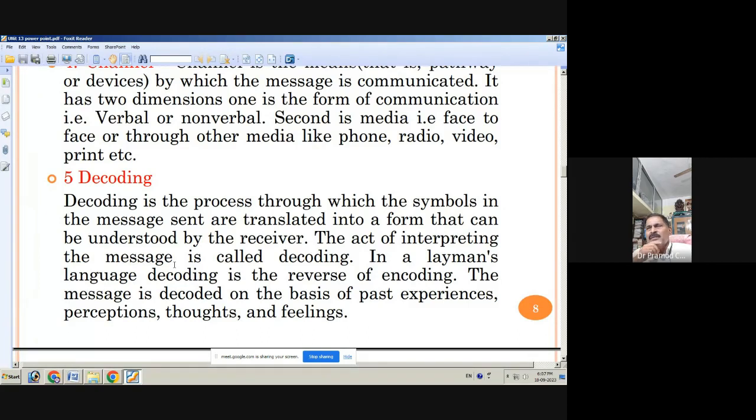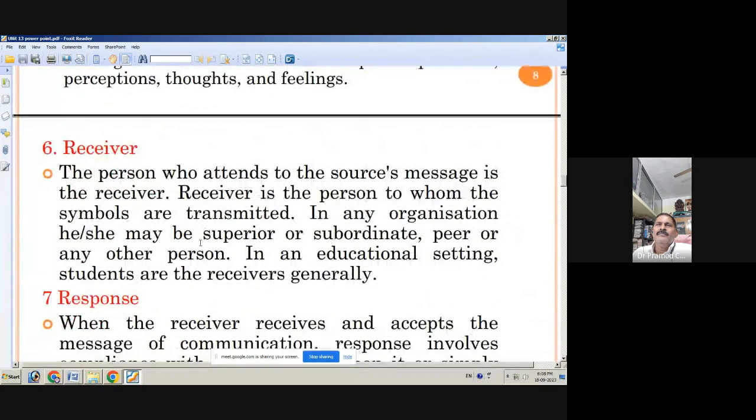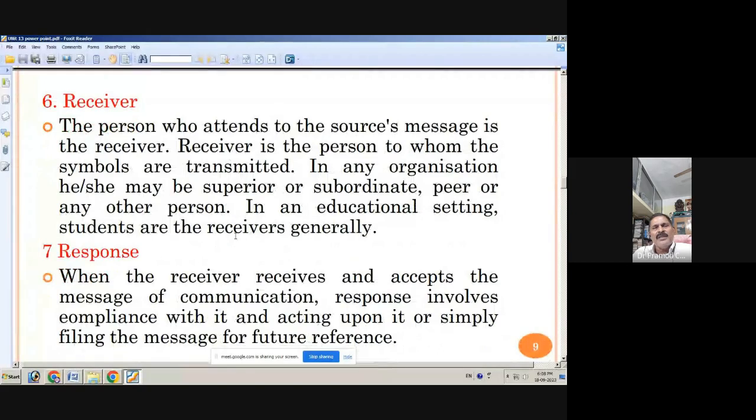It depends upon his past experiences, perception, thoughts and feelings. After the decoding, the receiver is there. The receiver is the person to whom the symbols are transmitted. So definitely in an educational setting, the students are generally the receivers finally.